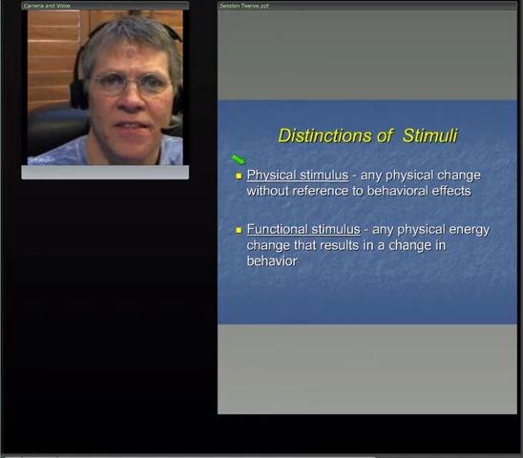On occasion, though, they come to actually exert control over behavior, and we do something in reference to that. If a noise is going on, I may not respond to it, but when I get up and shut the door, or a light is bothering me and I shut off the light, it changes from a physical stimulus which is exerting control over no behavior to a situation where now it exerts control over behavior.